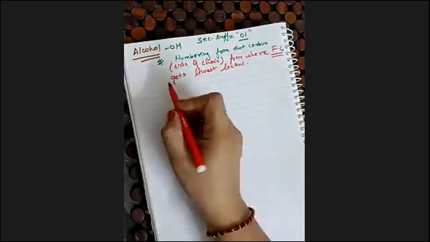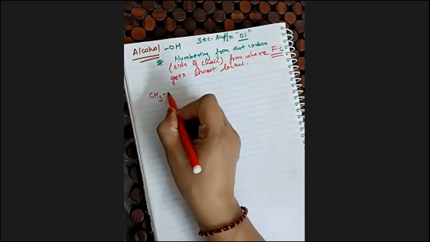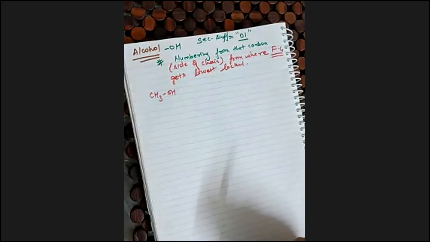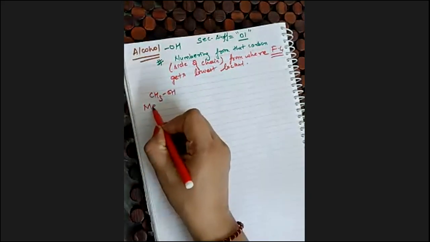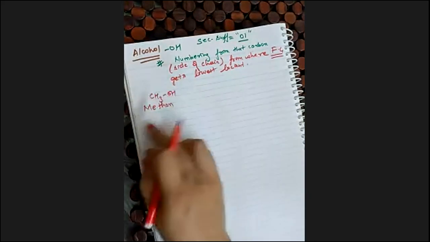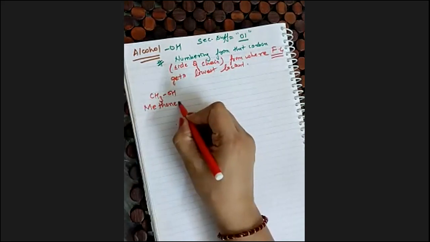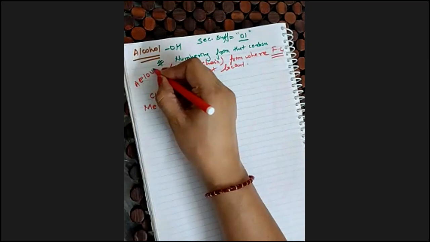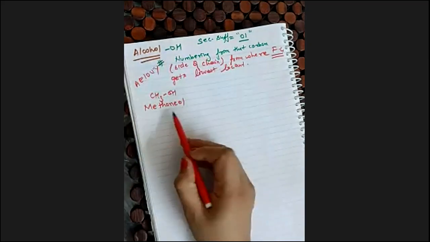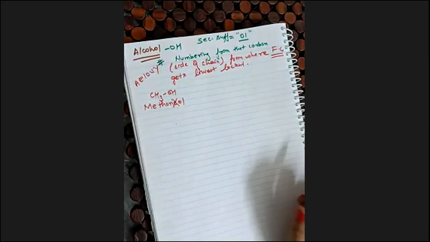So for example, let's take the simplest example, CH3OH. This is known as meth, and we know this is methanol. We know the vowel rule: if the suffix starts with a consonant we keep the e, but if a vowel follows we will not write this e.